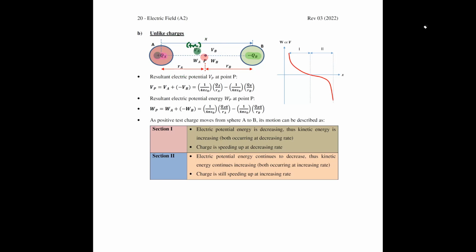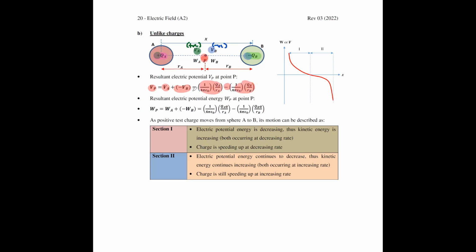Then you consider the effects due to sphere B. Sphere B will cause a potential VB at this point, but because it's negatively charged, your VB would be negative. So to find the resulting electric potential at this point, it's just Vp equals Va plus negative Vb. Then if you expand it further, this is what you get.